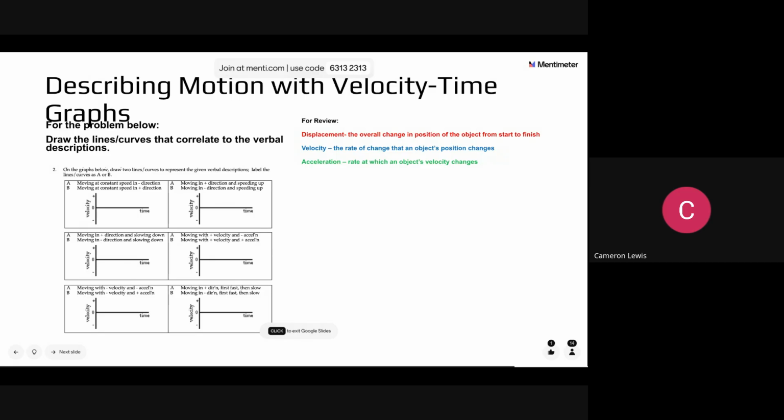The first problem. Anyone for the first one? Constant speed in negative direction, constant speed in positive direction.